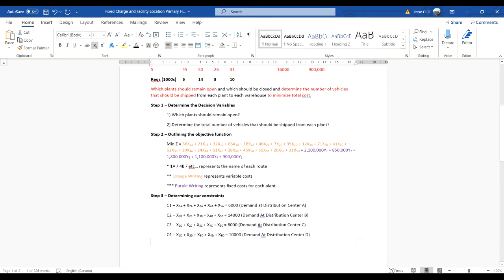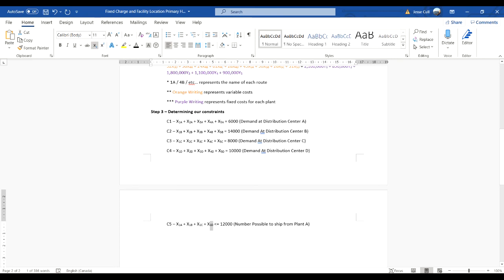So the total shipped from plant 1 to distribution center A, B, C, and D must be less than or equal to 12,000.